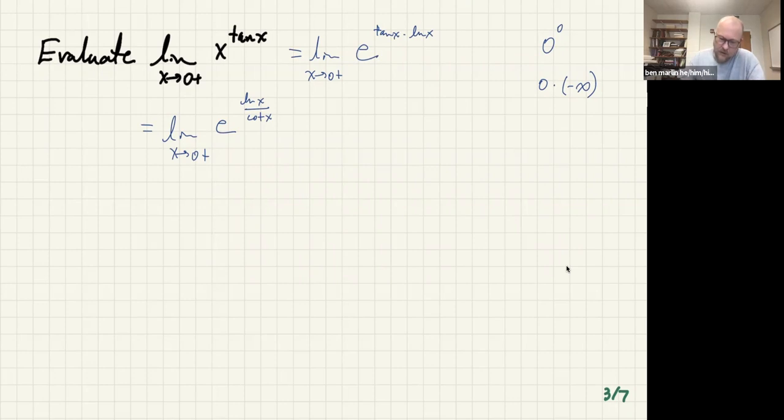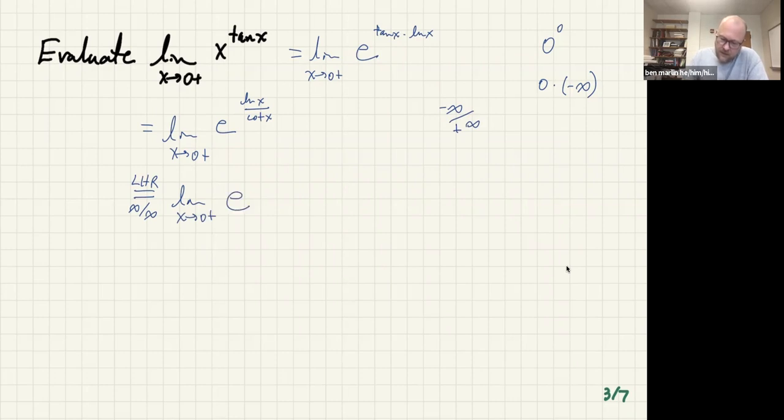But now when you plug in, the log of x is going to infinity, and the cotangent of 0, because tangent is going to 0, the cotangent is going to infinity. I believe it would be positive infinity, okay? But we do have infinity over infinity. So L'Hopital's rule, infinity over infinity. Let's see what happens. We still have the exponential there.